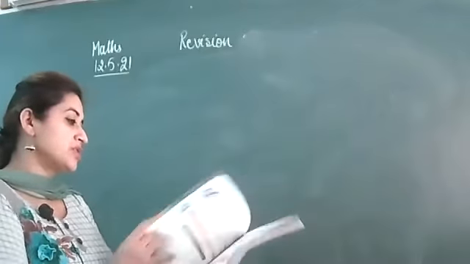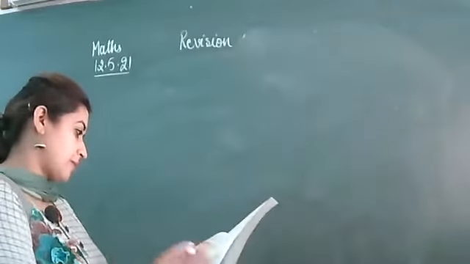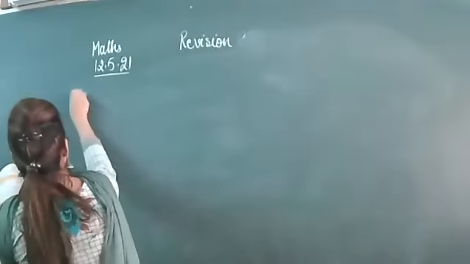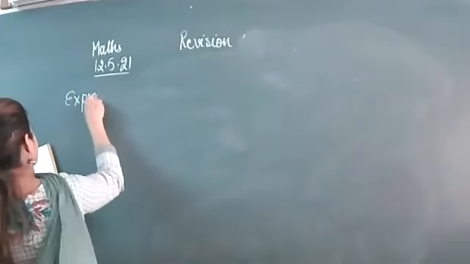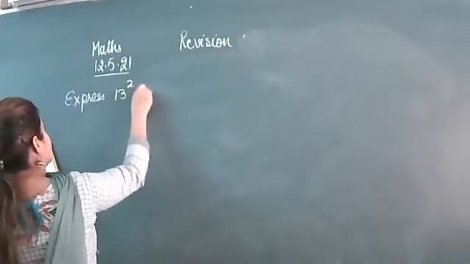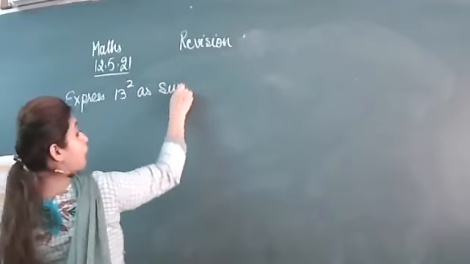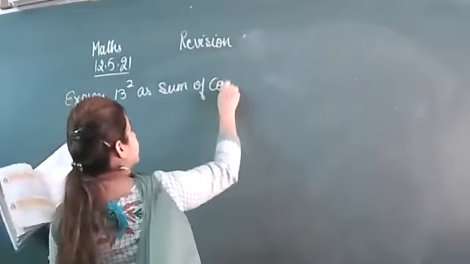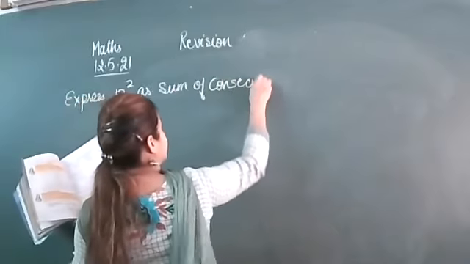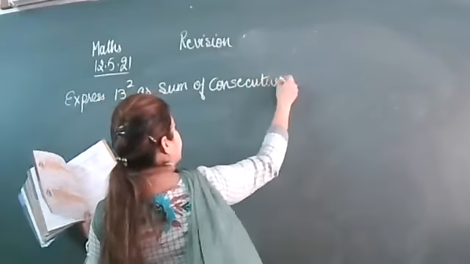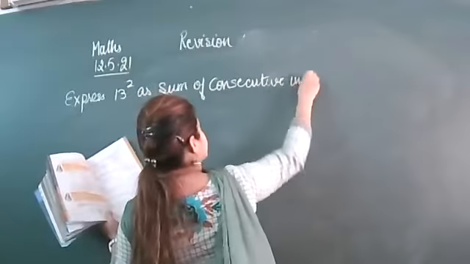now do this question that I am giving. Express 13 square as sum of consecutive integers.